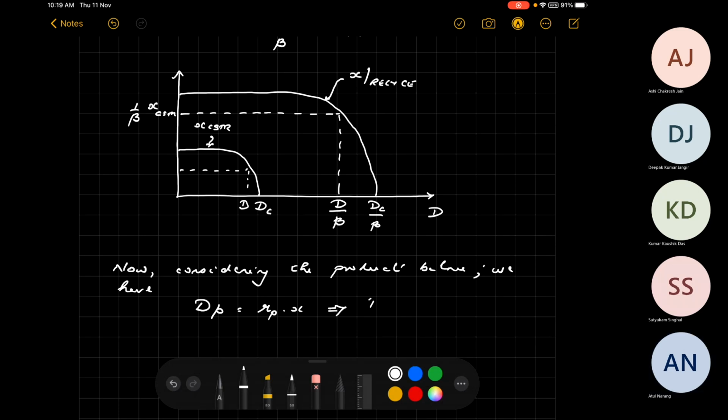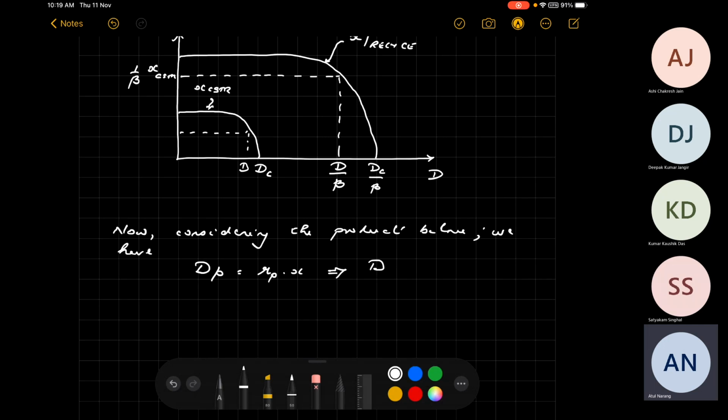So it is dP equals mu divided by Y_PX multiplied by X. But that implies that P is going to be equal to 1 over D multiplied by mu divided by Y_PX multiplied by X. But X, we have already shown, is D over mu multiplied by Y_SX multiplied by (S_F minus S).